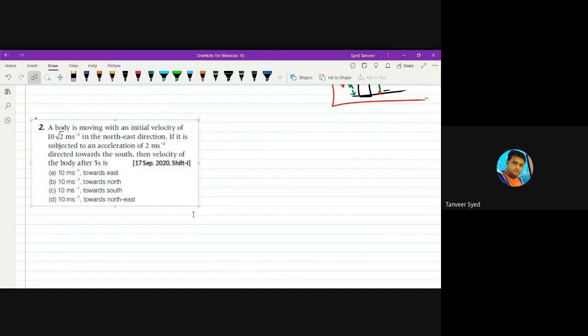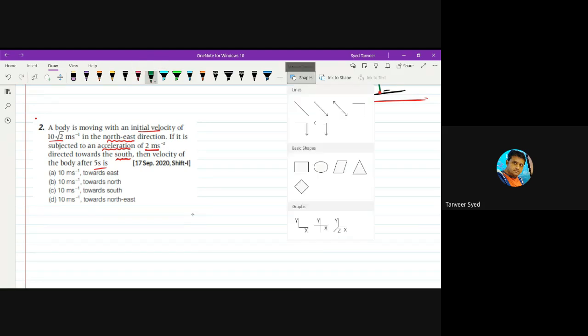If it is subjected to acceleration 2 meter per second squared directed towards south, then the velocity of the body after 5 seconds is? So the initial velocity of the body is 10 root 2 in northeast direction, and the direction of acceleration is towards south. Then what will be its velocity after 5 seconds? So initially, how will the body be moving?